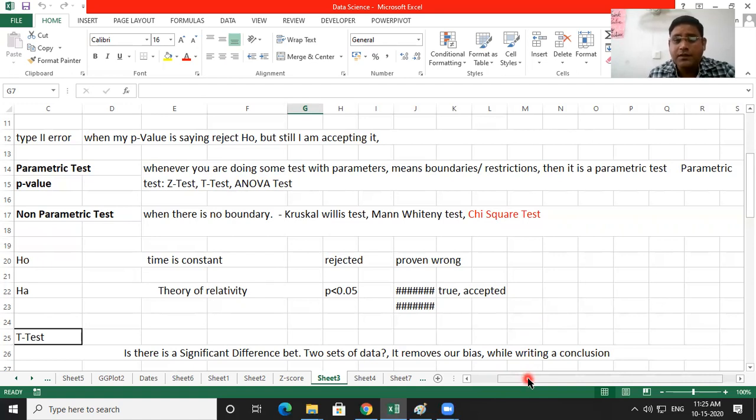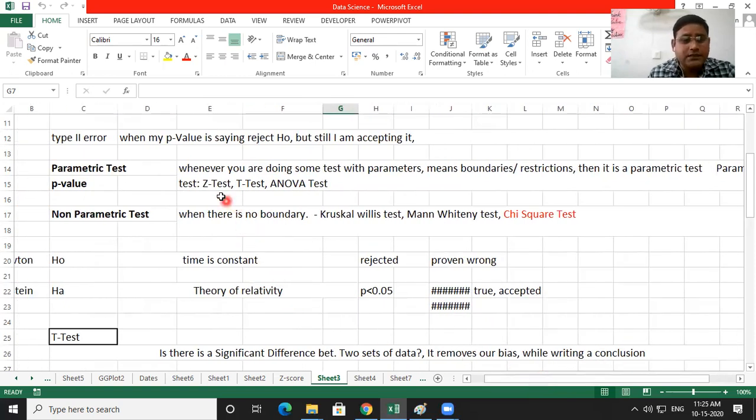Because we have one parameter, that is our probability, our p-value. Examples of parametric tests are z-test, t-test, and ANOVA, meaning analysis of variance. Our parameter is the p-value.